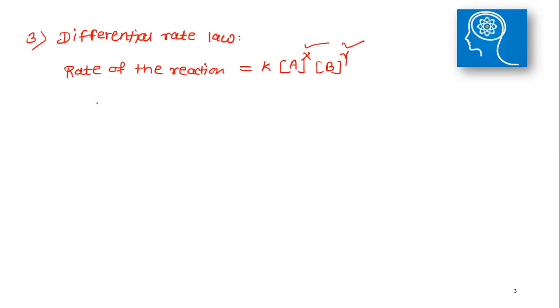Now how to calculate the order of reaction? For finding the order of reaction, we just add these x and y. So here x plus y is nothing but the order of reaction. Now we will move towards the fourth formula, that is integrated rate law.